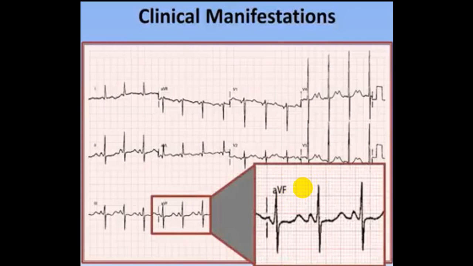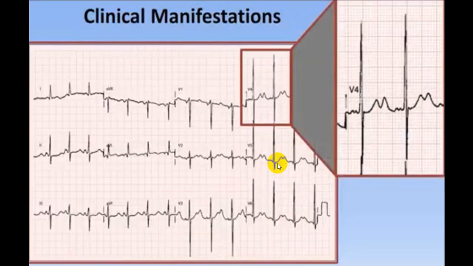So you can see here that because of this you have a tall P wave. The P wave is tall. And here you can see the T and U wave. The U wave is taller than the T wave. And this will be seen in the chest leads, that is V3, V4, V5.